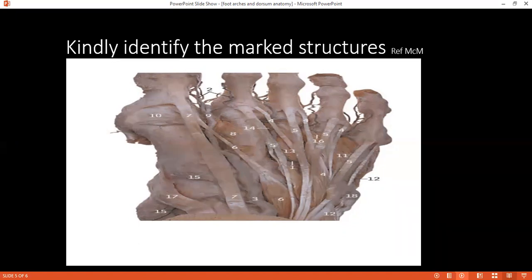Ma'am, in dorsiflexion. Because when we dorsiflex, the wide anterior portion becomes fixed within the ankle mortise. And when we do plantar flexion, the posterior part is narrow, so it doesn't fit. So it can be wobbly and unstable.